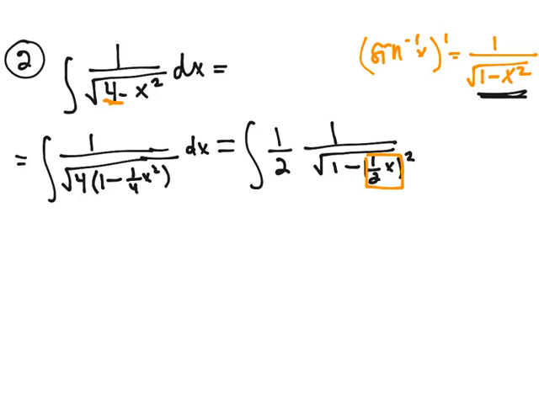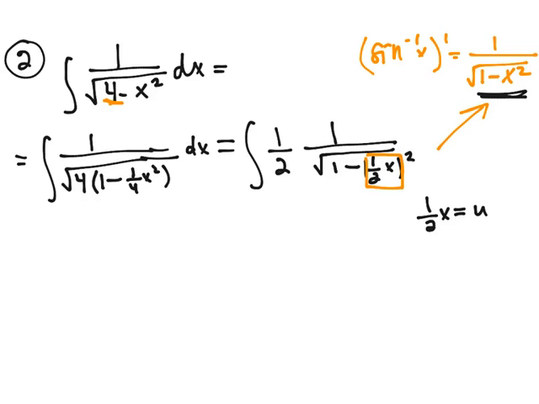It's 1 minus (1/2 x) squared. So it kind of resembles that. So now I'm thinking of a u substitution. I actually want to replace 1/2 x with u, so that I can use 1 over the square root of 1 minus u squared expression, because I can take the integral of that and get sine inverse.